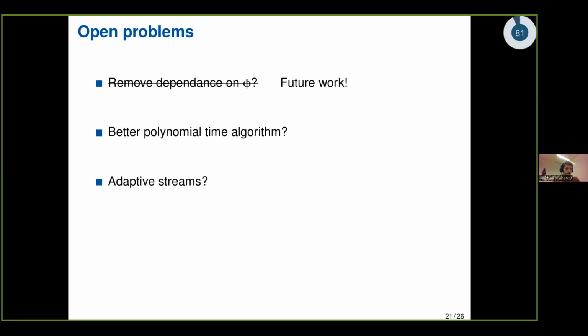And finally, it would be very interesting to construct an algorithm that would allow the stream to be adaptive. That is a setting where we are required to output our expander decomposition at some point in the stream and then continue to receive the updates.